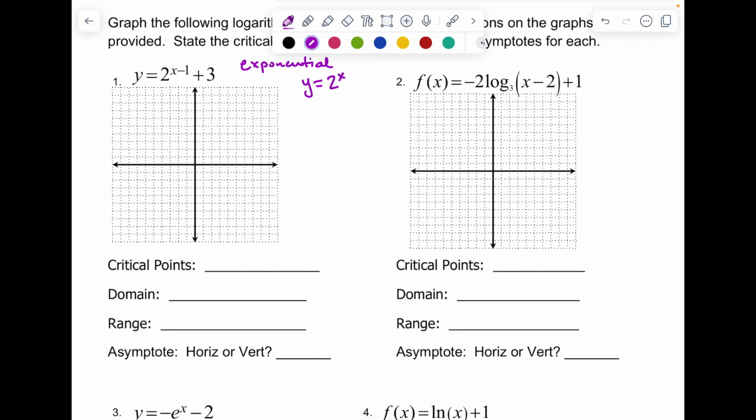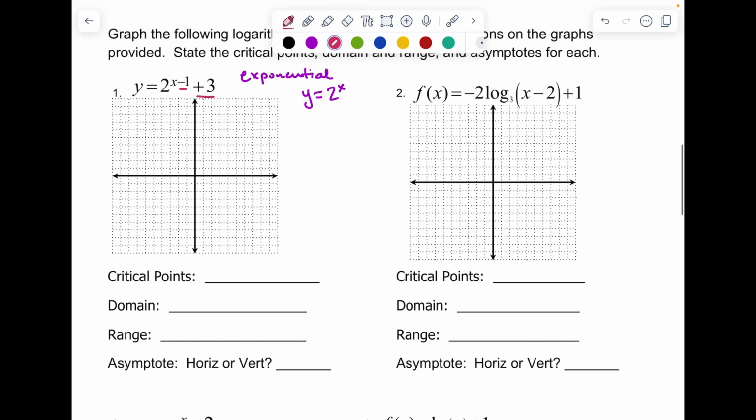We have an h value and we have a k value. And remember, h is responsible for shifts, and they do the opposite of what you would think. So when I have a -1 inside there, it's going to move my graph to the right 1. And the +3 at the end moves my graph up 3.